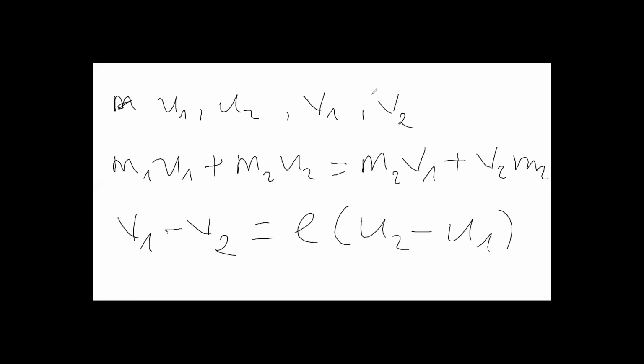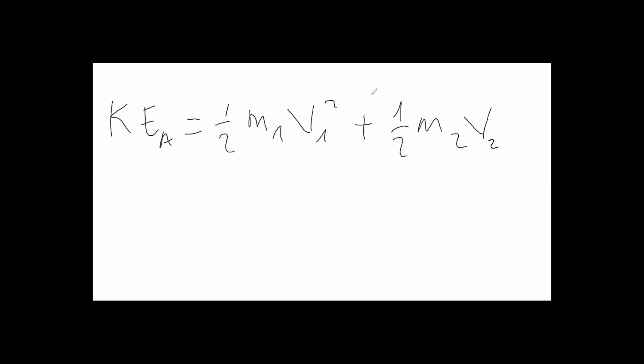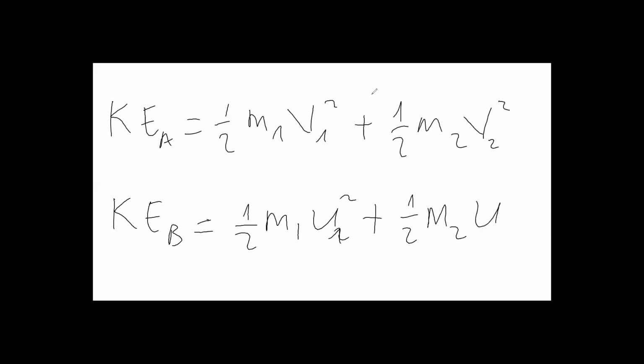With the values of v1 and v2, you can calculate the kinetic energy after collision, which is a half m1 v1 squared plus a half m2 v2 squared, and the kinetic energy before collision, a half m1 u1 squared plus a half m2 u2 squared.